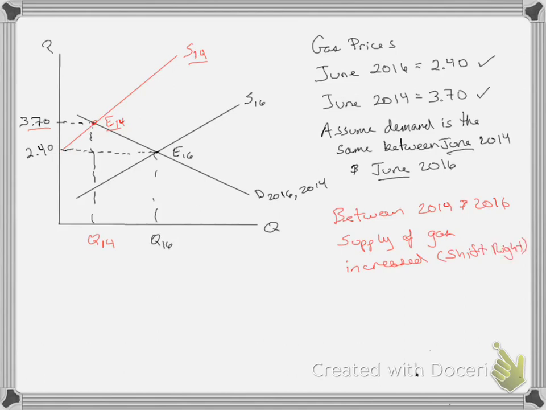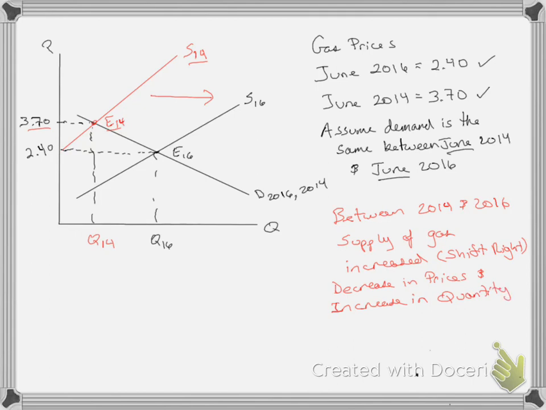Okay, so we go from 2014 to 2016. When this happens, this leads to a decrease in prices and an increase in the quantity bought and sold.